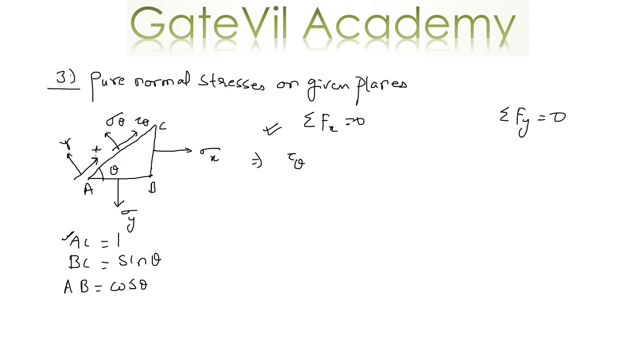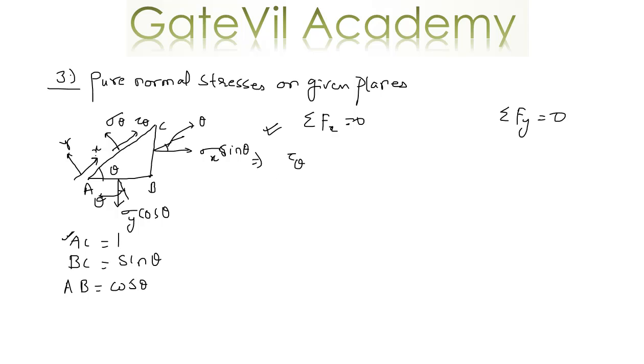The area of plane BC is sine theta, so this force will be sigma x sine theta, and the area of plane AB is cos theta, so this stress will convert into a force of sigma y cos theta. This angle is theta and this angle is also theta.